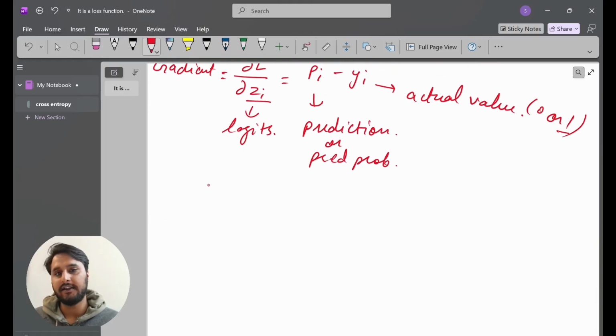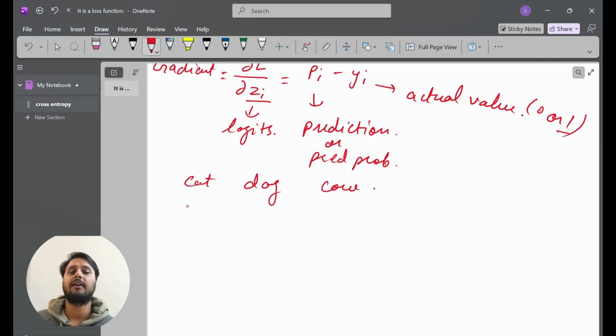We have three classes: cat, dog, cow. Our model predictions are 0.3, 0.6, 0.1, and the true class is dog, so 1 for dog and 0 for the others.